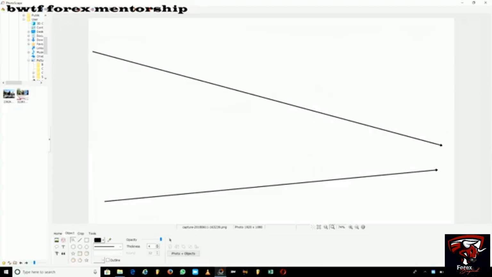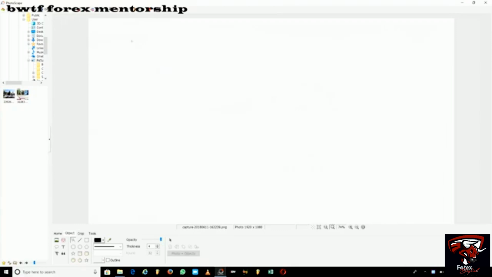But how do you really identify this when it comes to trend lines? Let's do it like this. The most important part that bounces is the second response.